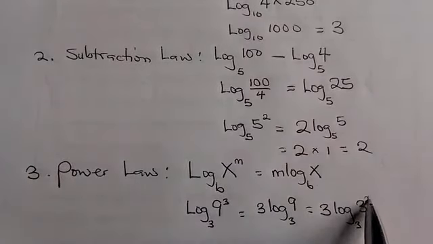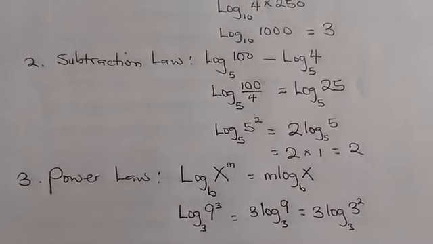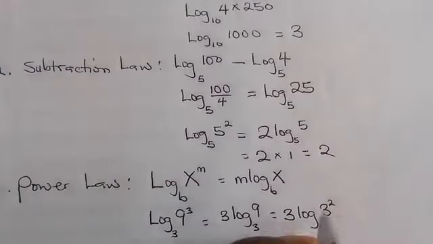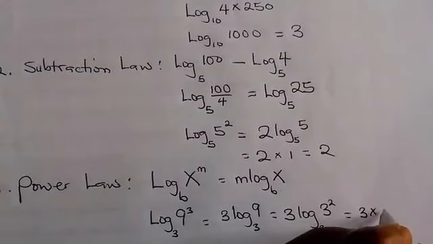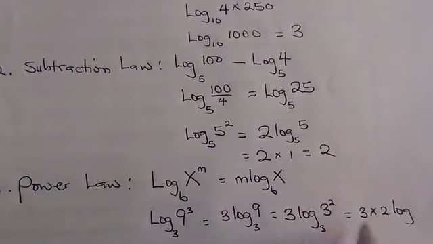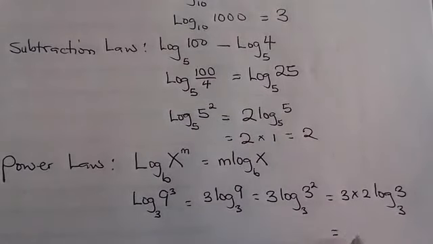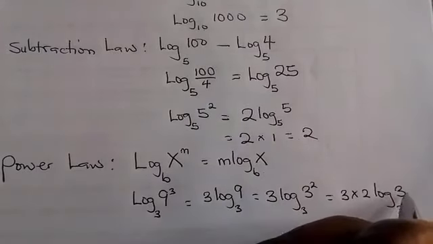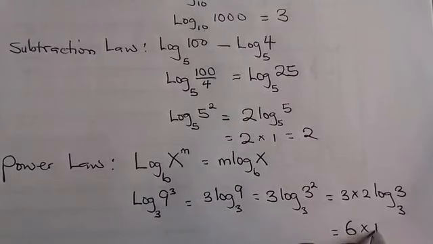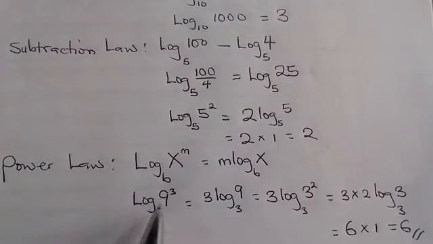Again, we have another power here, so we are going to bring this power back to this place, and we will have 3 times 2 log 3 to base of 3. So that we have 3 times 2 giving us 6. Log 3 to base 3, we have 1. Finally, 6 times 1 is equal to 6. So log 9 raised to power 3 to base 3 is equal to 6.